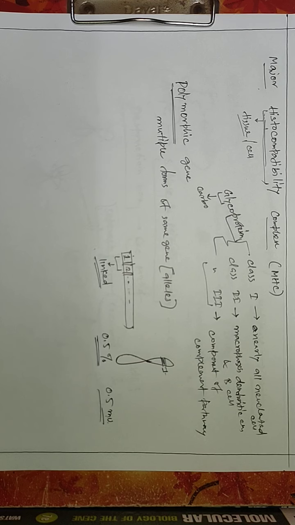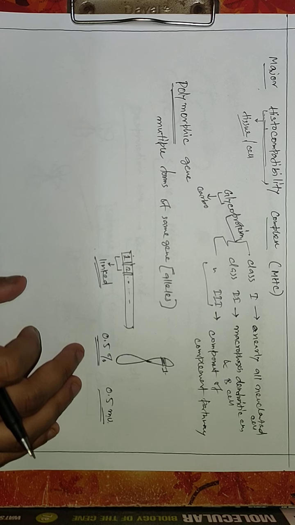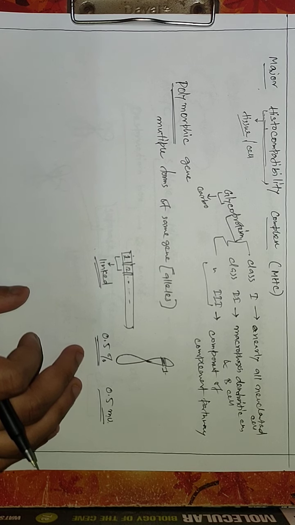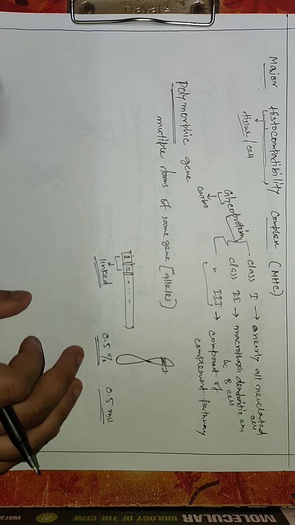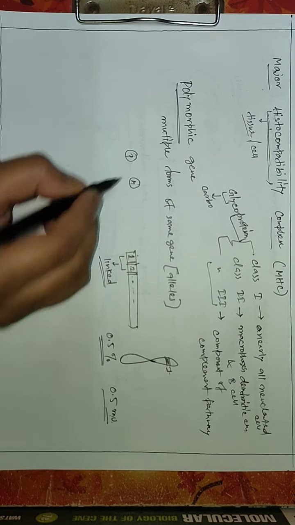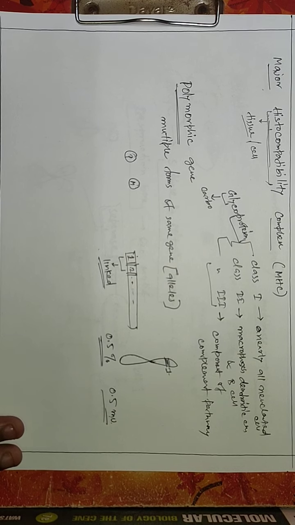There is a statement, just listen carefully. Most individuals inherit the alleles encoded by these closely linked loci as two sets, one from paternal and one from maternal. So they get two sets.